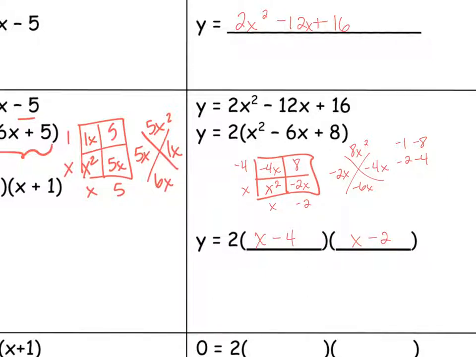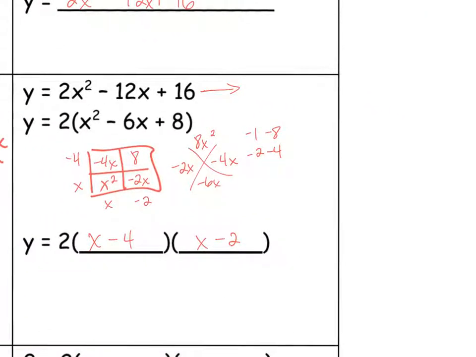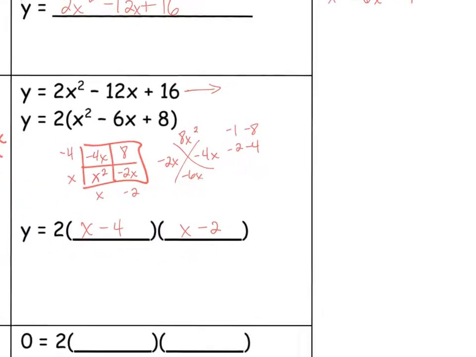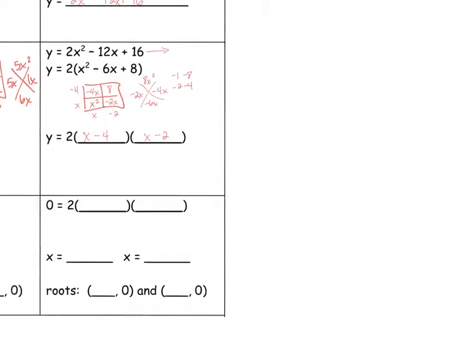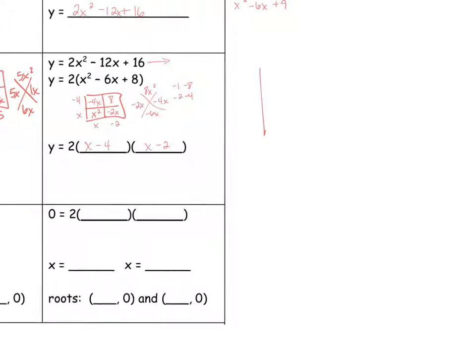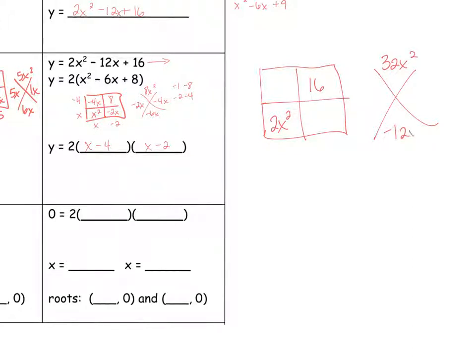Something to point out here is if I had gone here from that point and factored, I'm going to show you what would have happened with that. It would have been essentially the same idea. We just would have had to be more careful. So 2x squared, 16, end up with 32x squared on the top and negative 12x squared on the bottom.